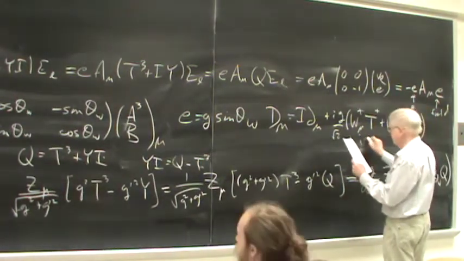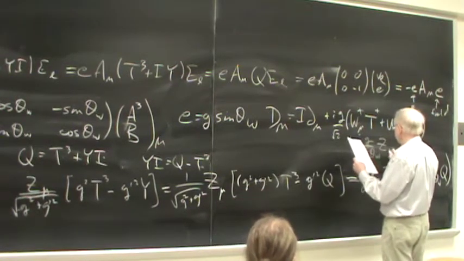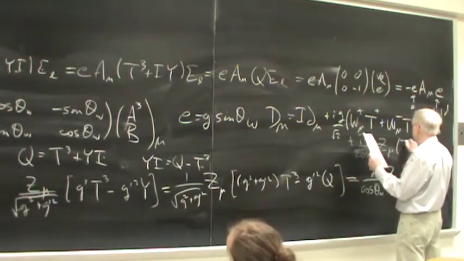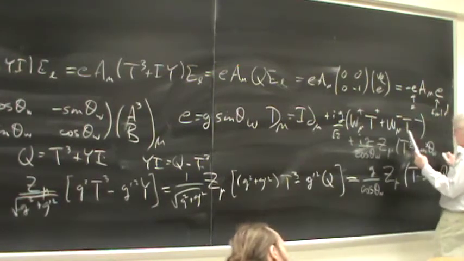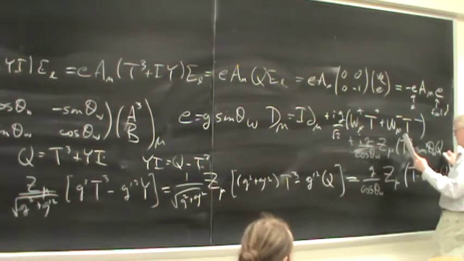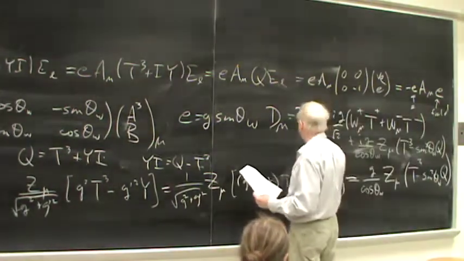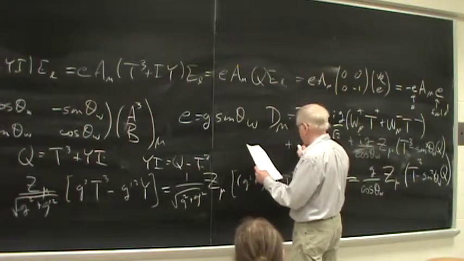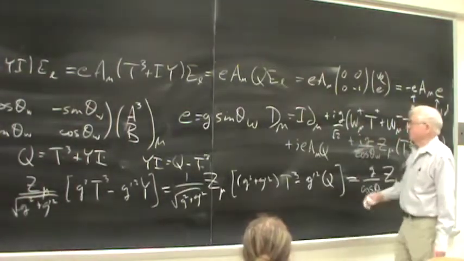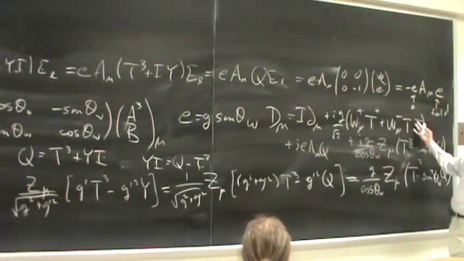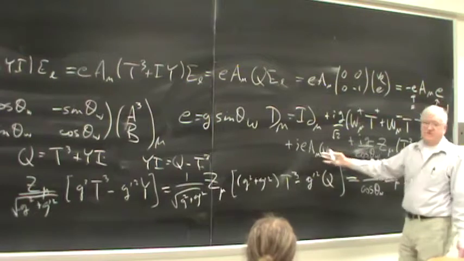Plus I g over cosine theta W, Z mu, times T3 minus sine squared theta W Q. And then finally the term that we've known about for a very long time, i.e. A mu Q. Okay, so there are several terms: the derivative, the charged W terms, the Z term, and then the photon term.